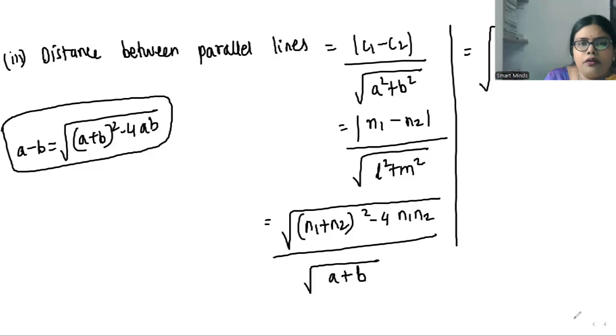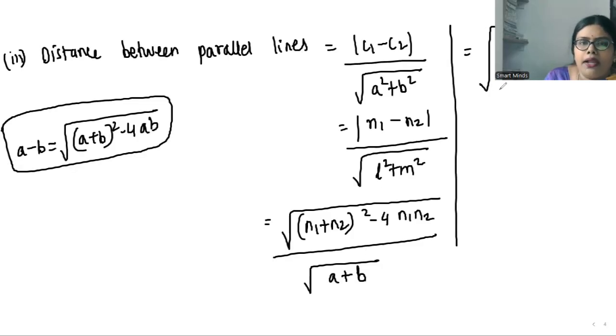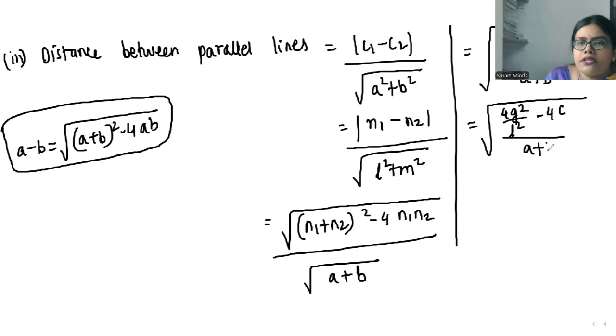What is N1 N2? N1 N2 is C by A plus B. So here I am writing within a single root. So that is under root 4g square by L square minus 4c by A plus B.